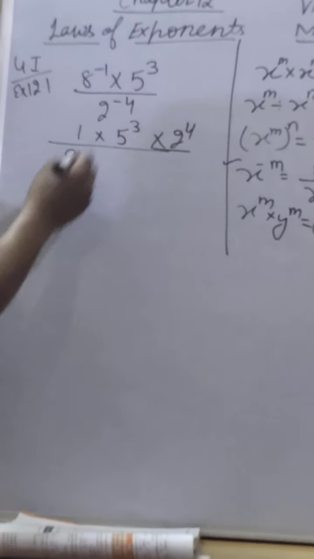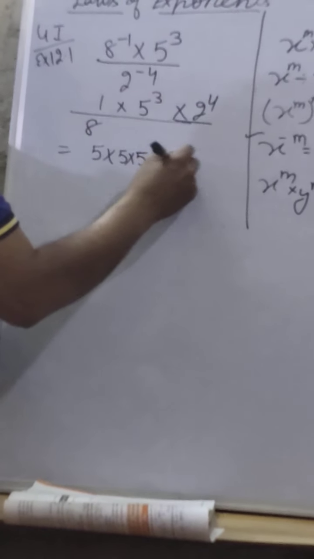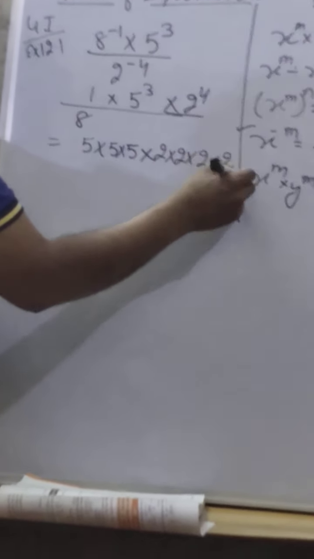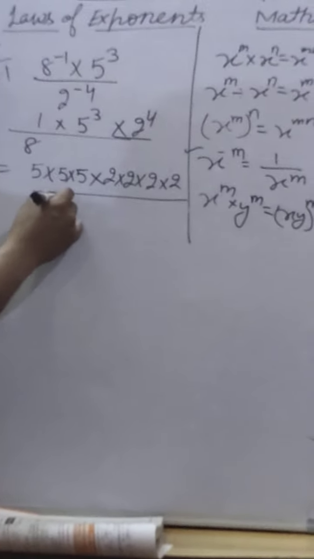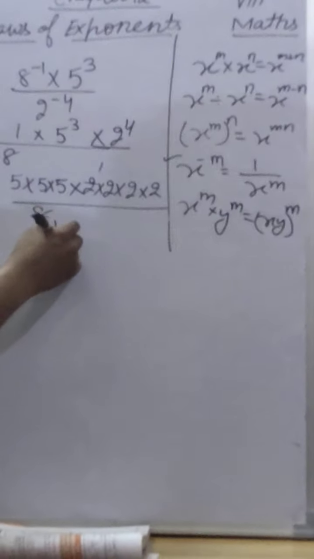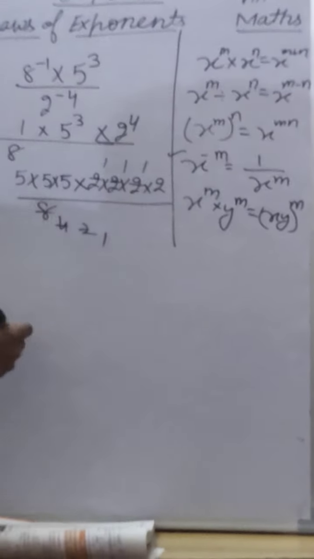Understand? So now simplify. 5 power 3 means 5 three times, and 2 power 4 means 2 four times. Now 8 is here, no problem. Then 2 one cancels with 2 four, 2 one with 2 two, then 2 one with 2 one.